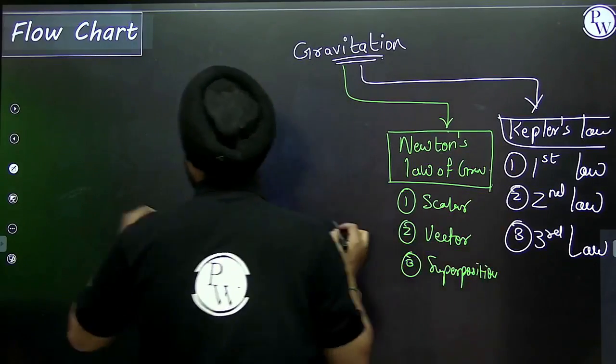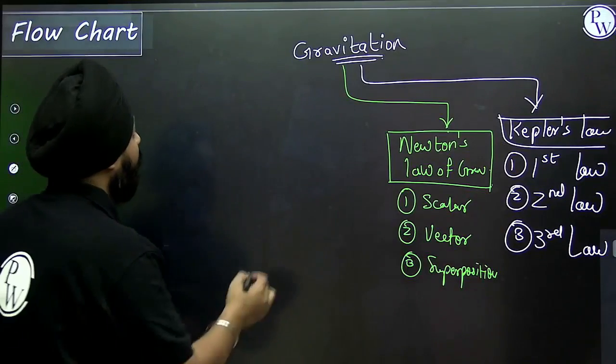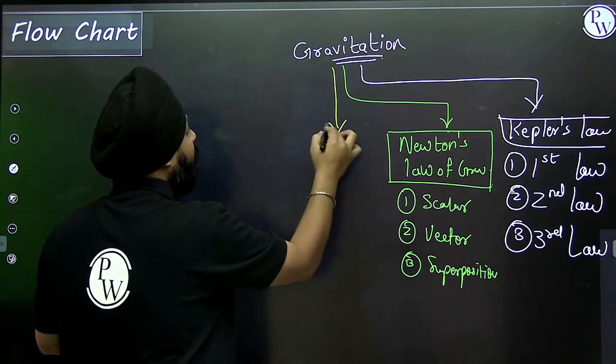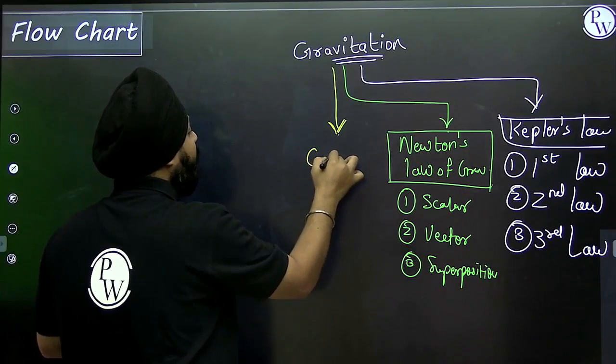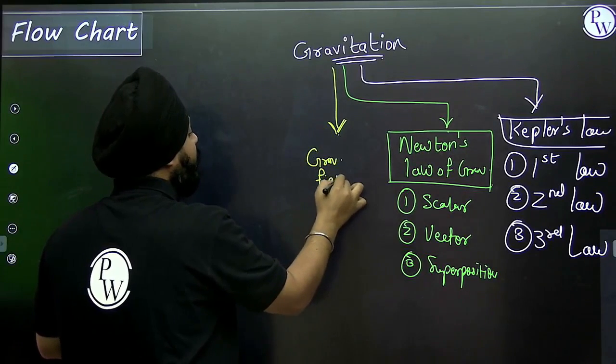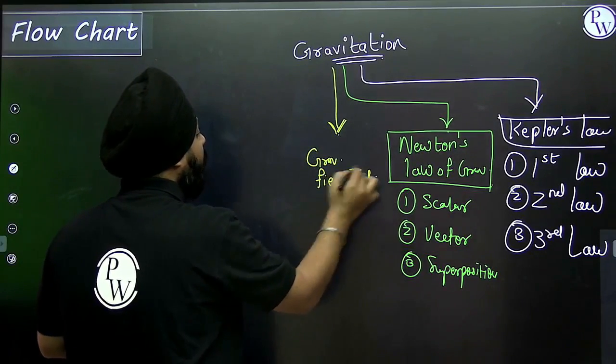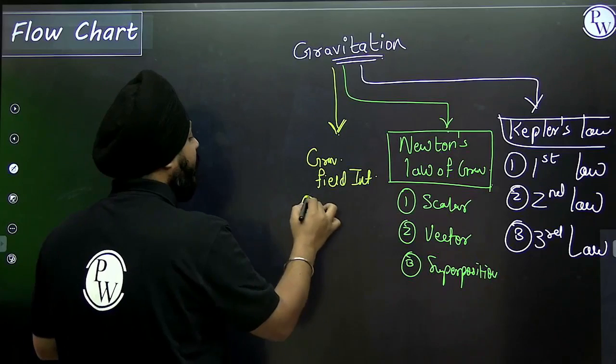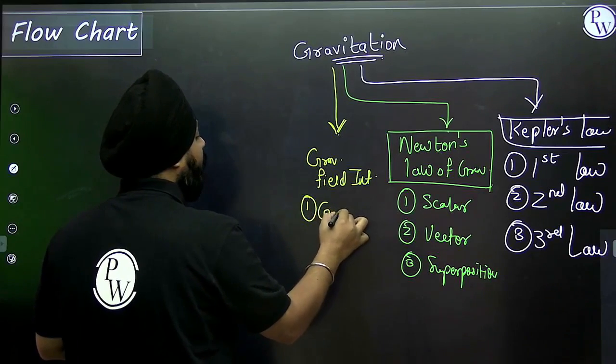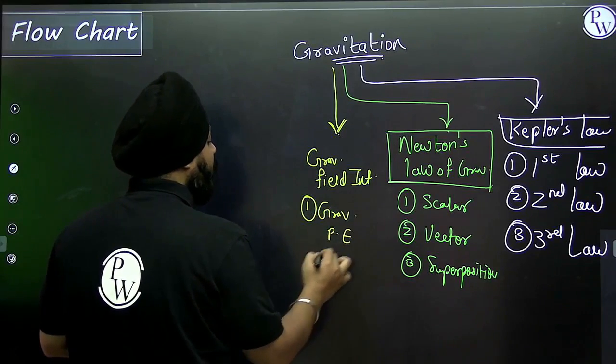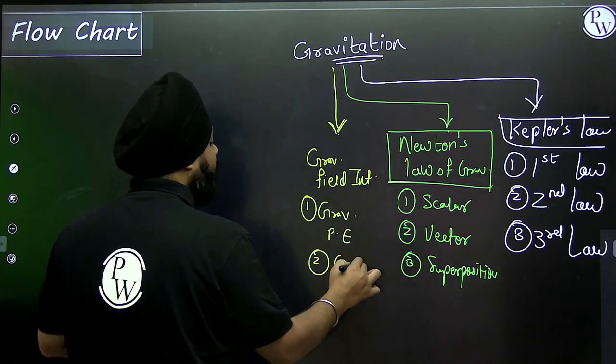Now with Newton's law of gravitation, we are going to deal with the gravitational field intensity. What is the actual concept of the gravitational field? What is gravitational field intensity? What is gravitational potential energy? What is gravitational potential?